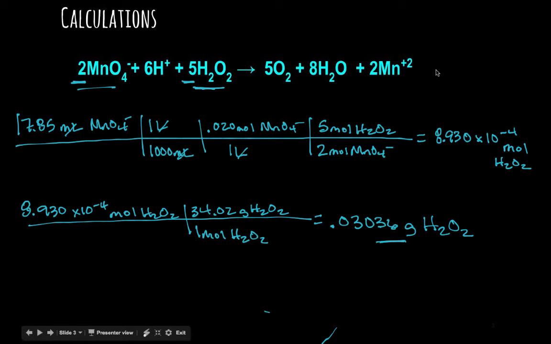So in your lab, it tells you that the density of the hydrogen peroxide is equal to 1 gram per milliliter. So we're going to assume that 1 gram of hydrogen peroxide equals 1 milliliter of hydrogen peroxide, or vice versa. So then we're going to start with 0.03036 grams.